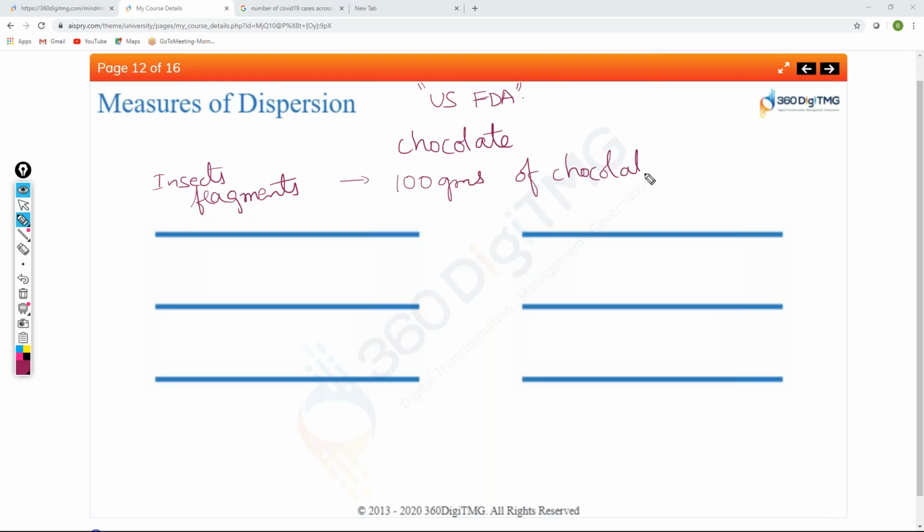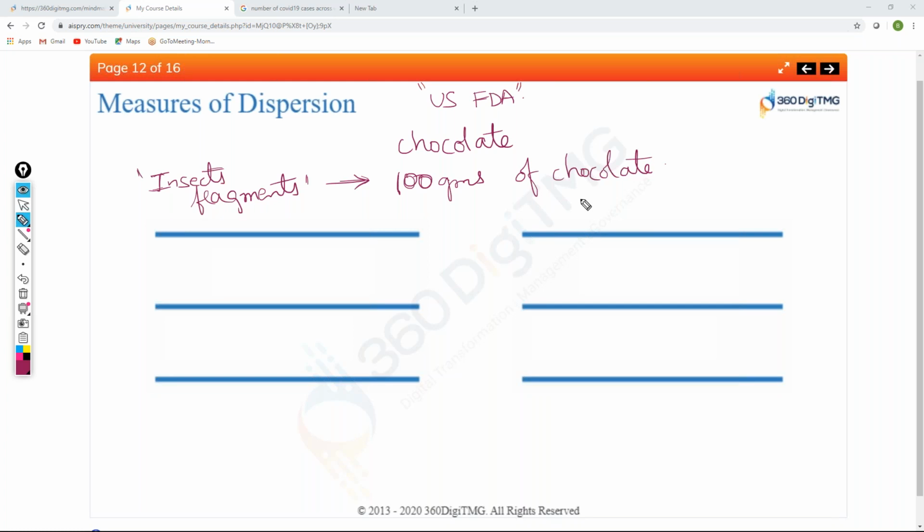I'll let you know. People do not purposefully put insects into chocolate, but if there are more than a certain number of insect fragments found in chocolate, they reject it.